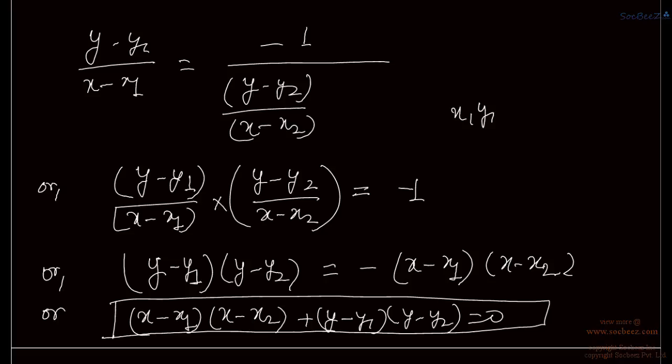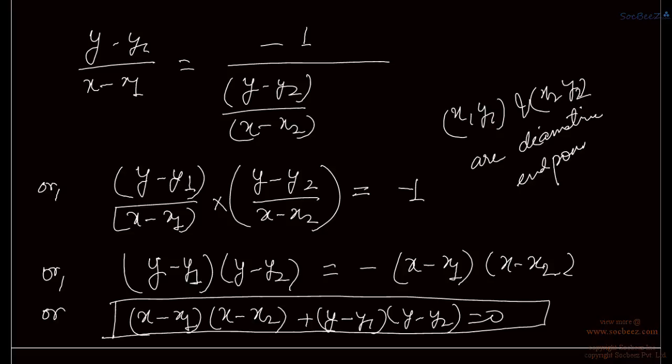Where x1, y1 and x2, y2 are diametric endpoints. So one more form is there, that is parametric form.